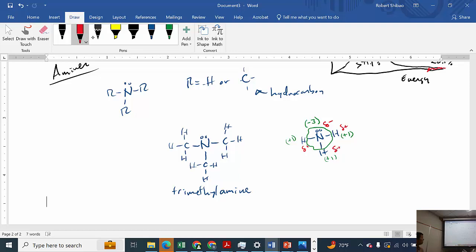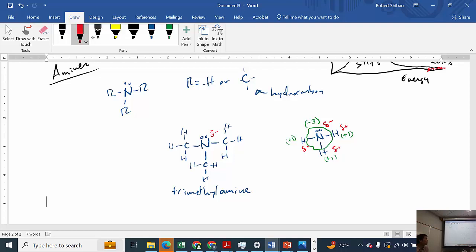So based on electronegativities, we expect nitrogen to have a slightly smaller delta minus, because of the slightly bigger electronegativity of carbon versus hydrogen. However, there's one other difference here.